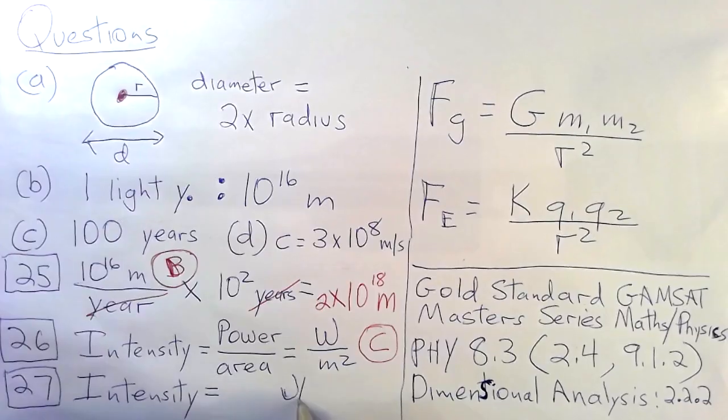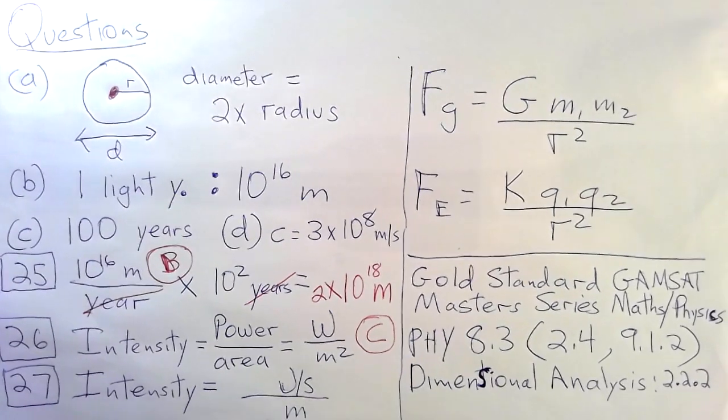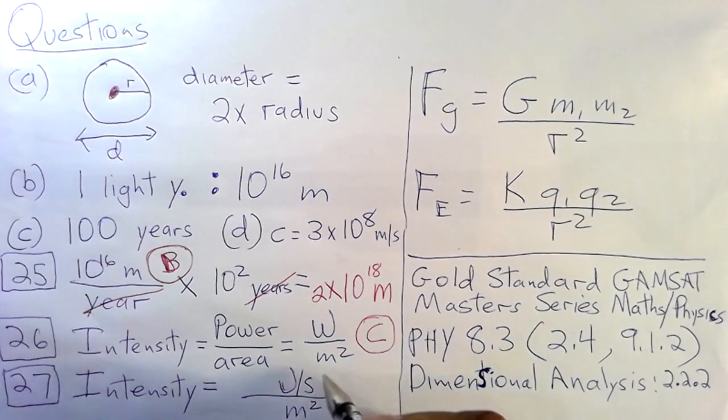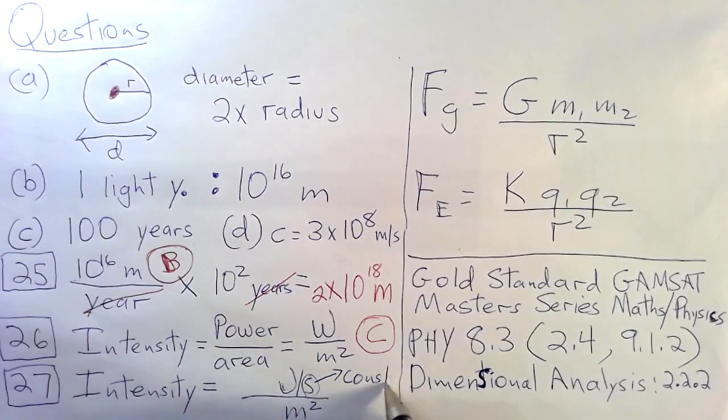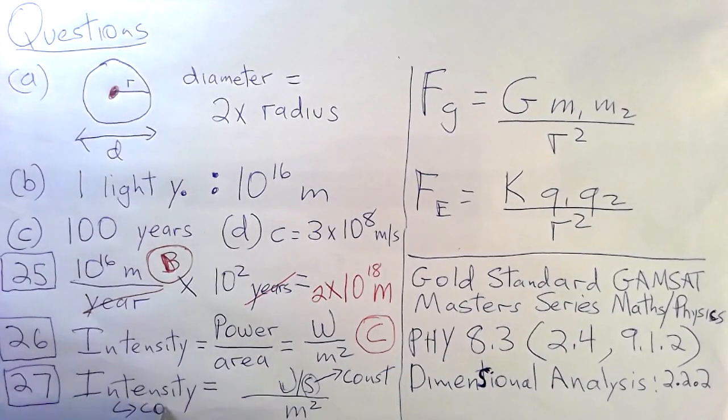The reason I'm bringing that up is because the question is saying intensity is remaining constant. So there's no change in the intensity when we're comparing the two different situations. And it also says that the frequency is the same. Now, what that does is it says that this is also constant. So we have the intensity constant, and we have the frequency constant.